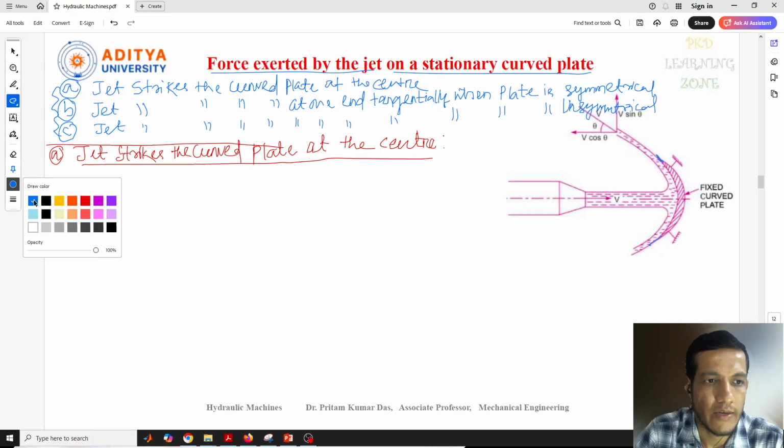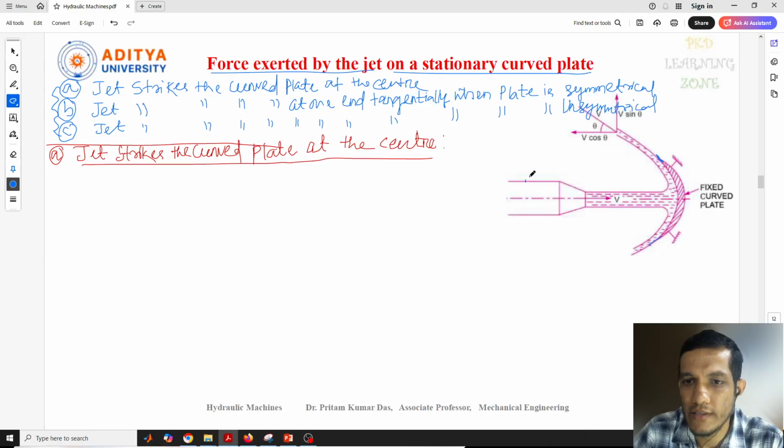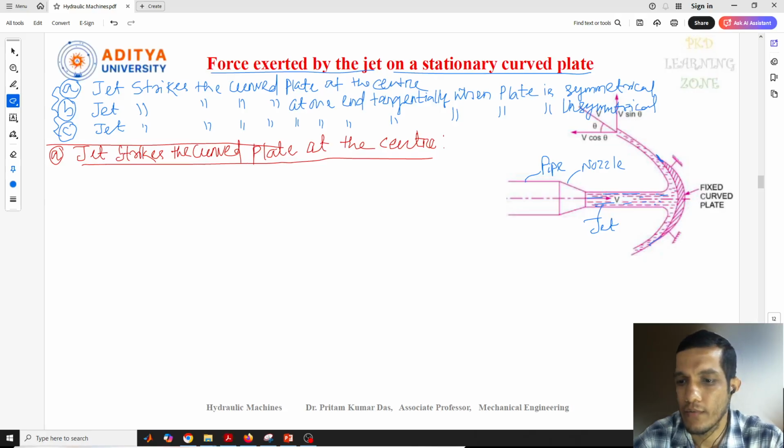First of all, consider a jet of water. Suppose this is the pipe through which the water is flowing, and to this pipe one nozzle is fitted, and this is the jet of water coming out from this nozzle. This is the curved fixed plate.